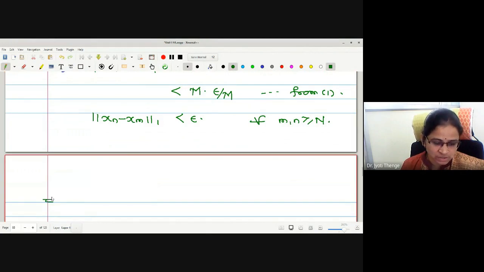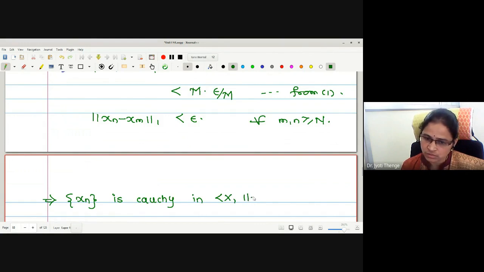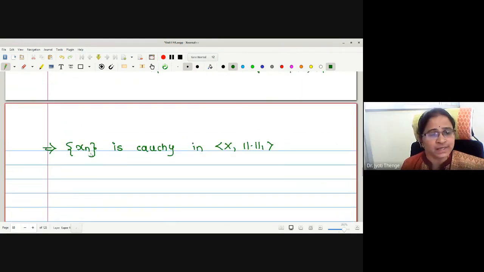Therefore, this implies the sequence xn is Cauchy in which norm now? In X with norm 1. Okay. Therefore, as I told you, the sequence is not going to change and it is Cauchy with respect to both the norms.